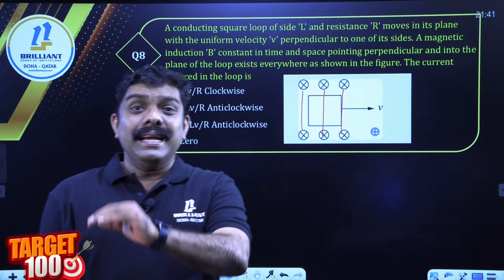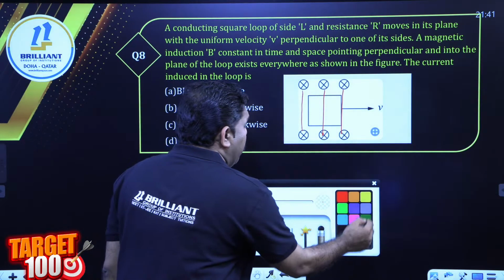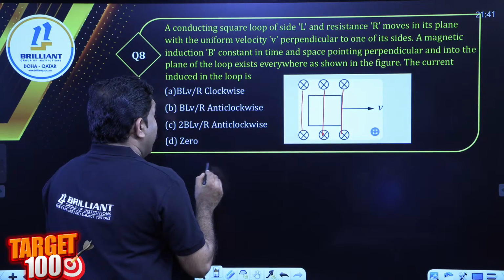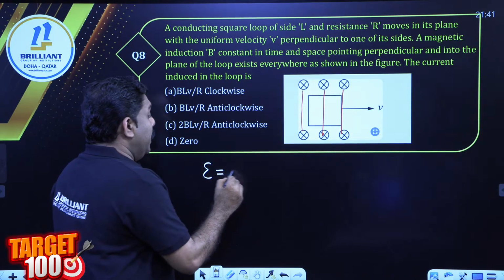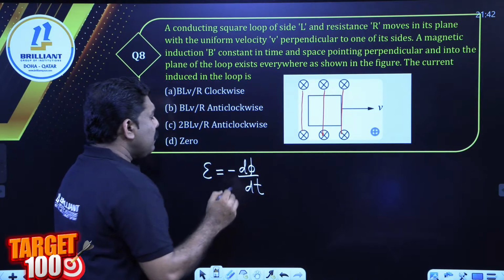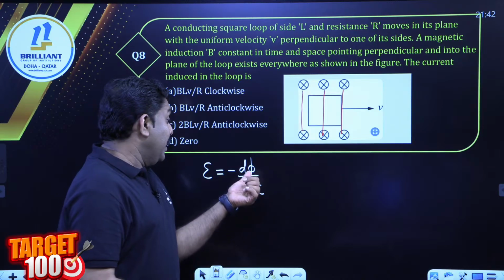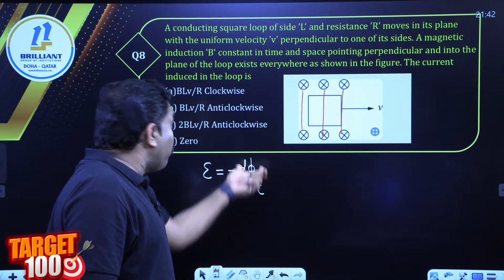We studied how EMF will be induced. The EMF will be induced when flux changes. We know the formula, E equal to minus d phi by dt. When flux changes only, EMF will be induced. But is there any change in flux here?